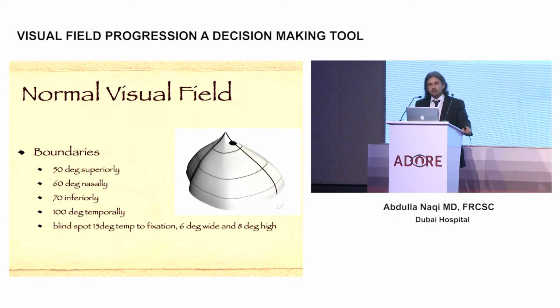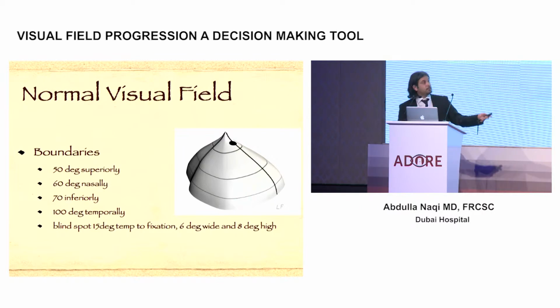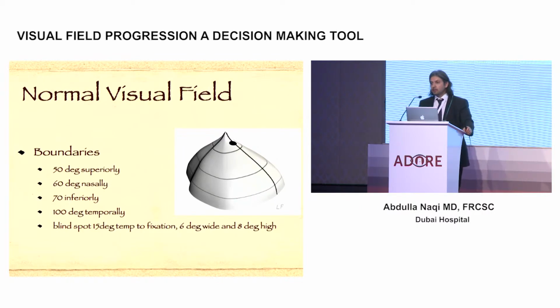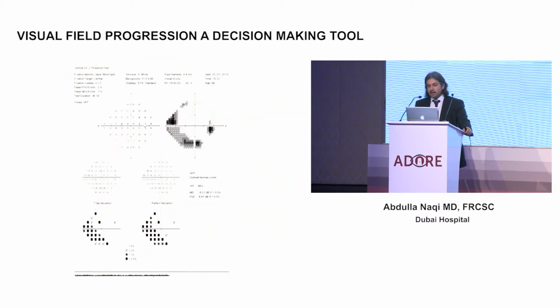And visual field defects, or as we call them, scotomas, are basically defects in this island, either global, allowing the island to sink, or actually holes drilled in this island, and these holes either expand over time or just keep popping up again. And this is the standard visual field printout that you would get in most practices.